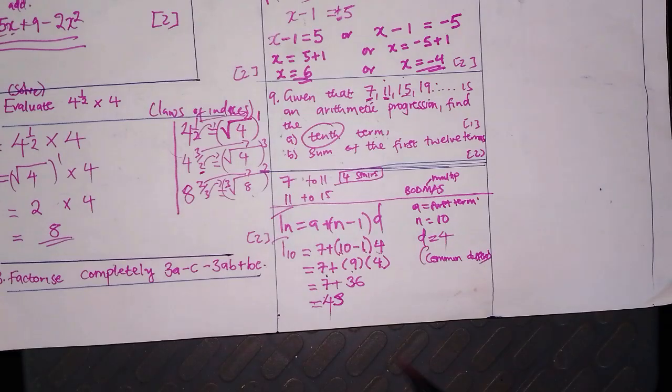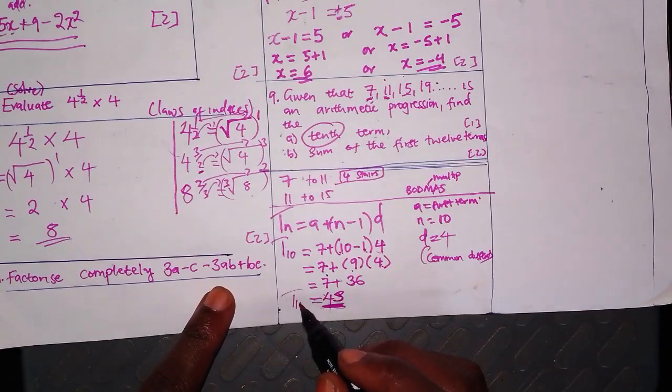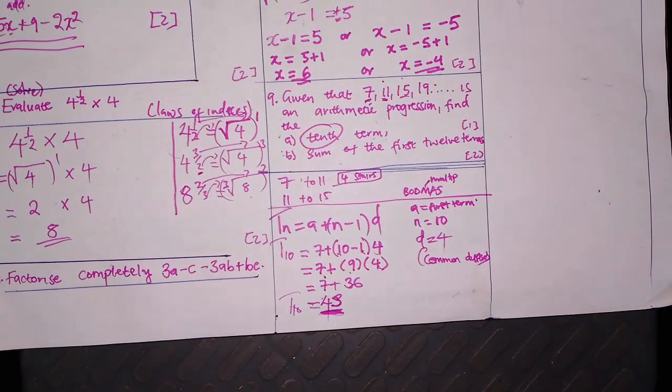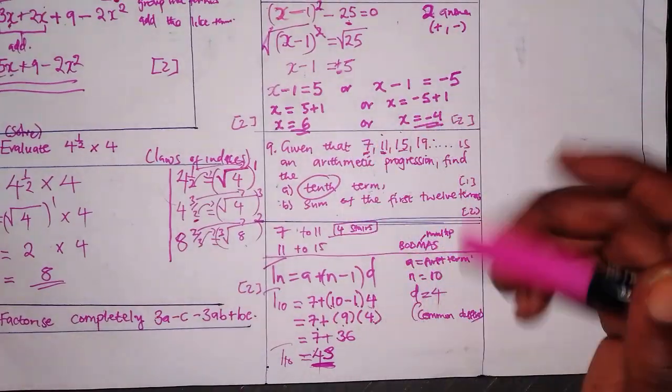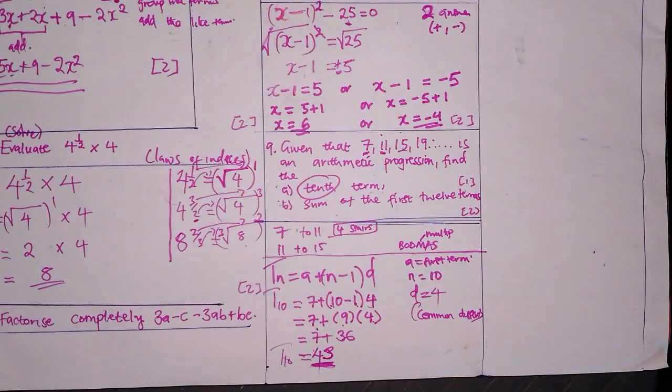Yeah. So this is the 10th term. We have 43. So we keep on adding until we reach number 10. You can try, if you have time, you keep on adding from 7, you add until you reach the 10th term. You will see that it's 43.